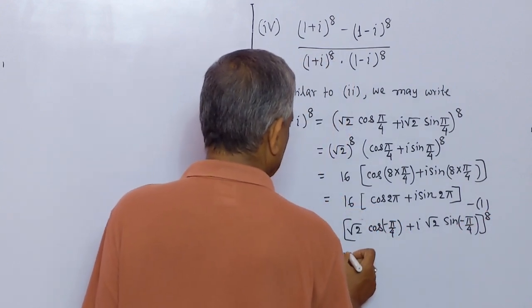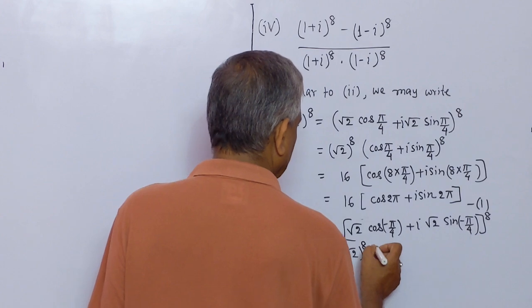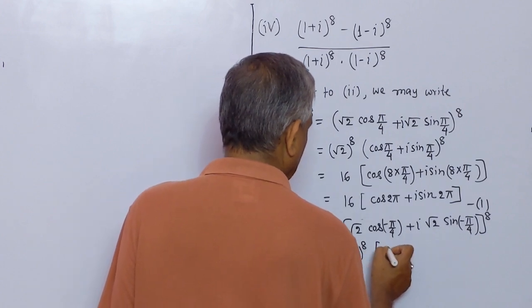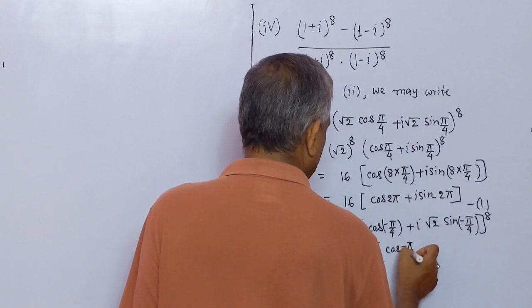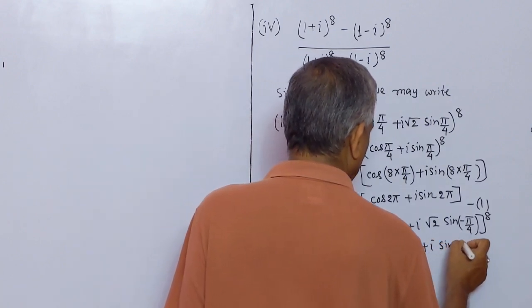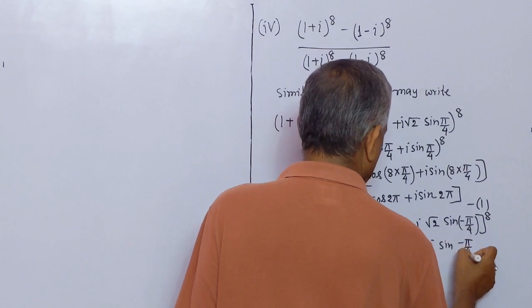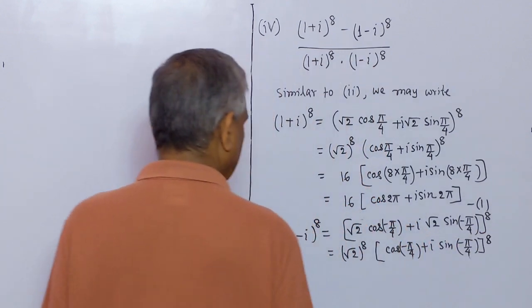This is equal to square root 2 to the power 8 times cos minus pi by 4 plus I sin minus pi by 4, to the power 8.